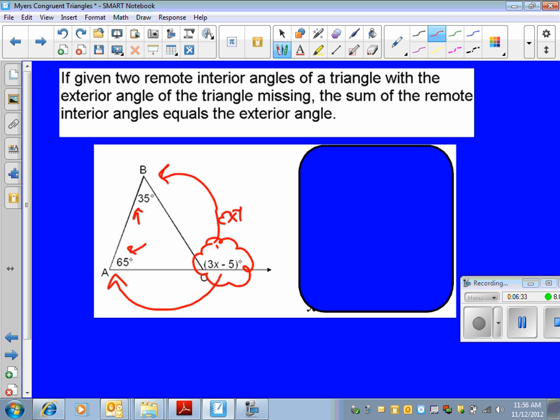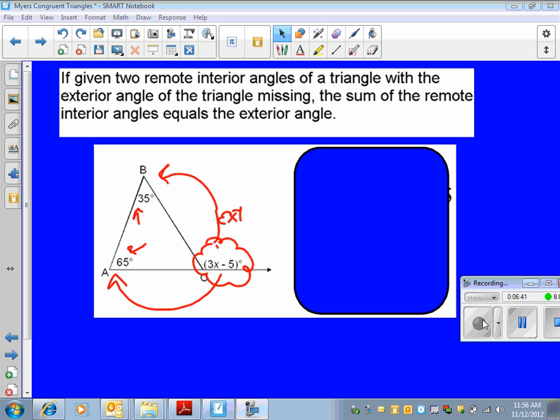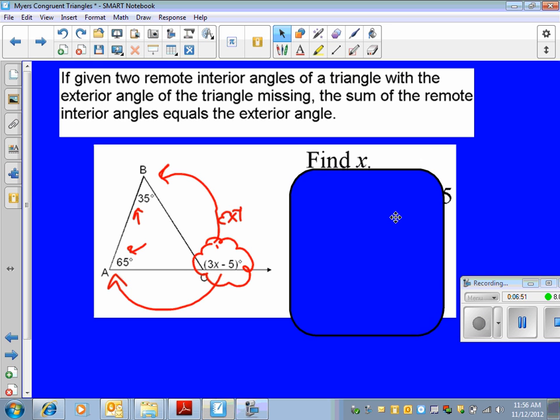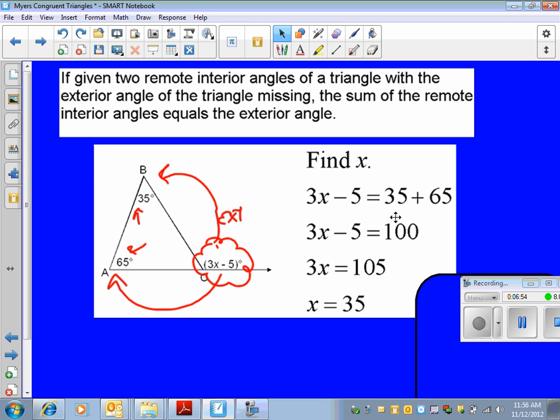If that is the case, folks, we know that the exterior is equal to the sum of the remote angles. Let's push pause, set it up, get your answer, and hopefully it looks like this. Folks, that is one of our reviews for the test.